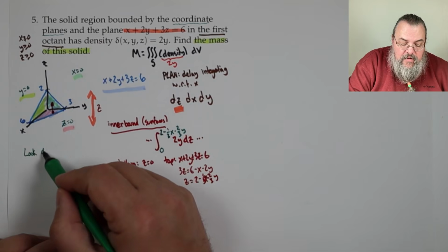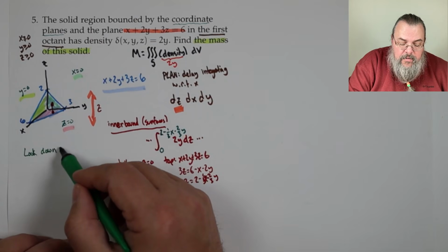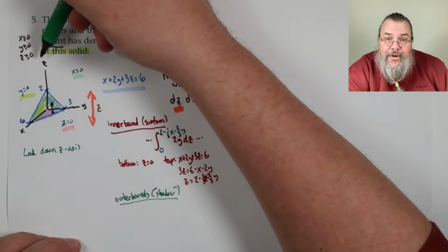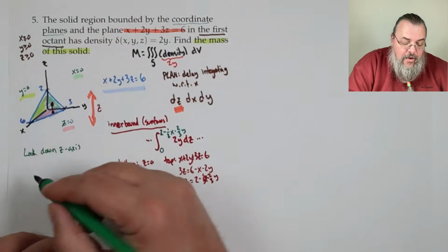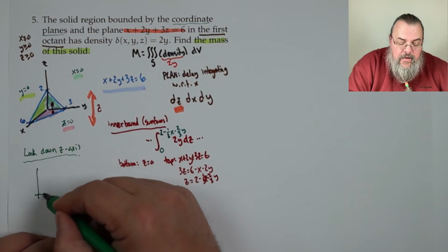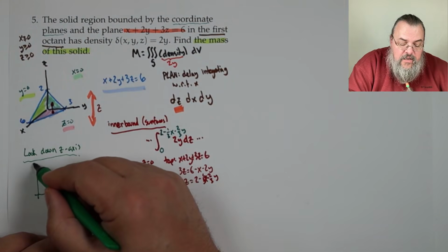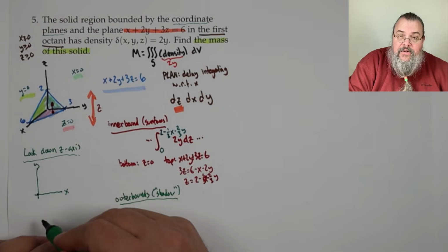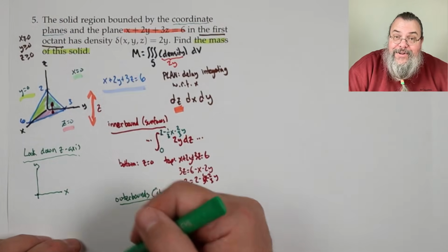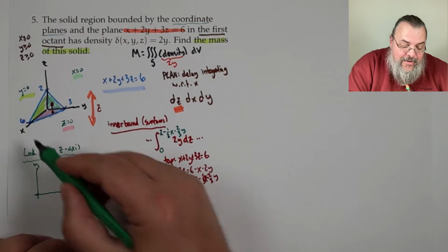Imagine you're up here looking down the z-axis. You're going to see x and y. There's no more z. What's the shape that you see? It's a triangle.